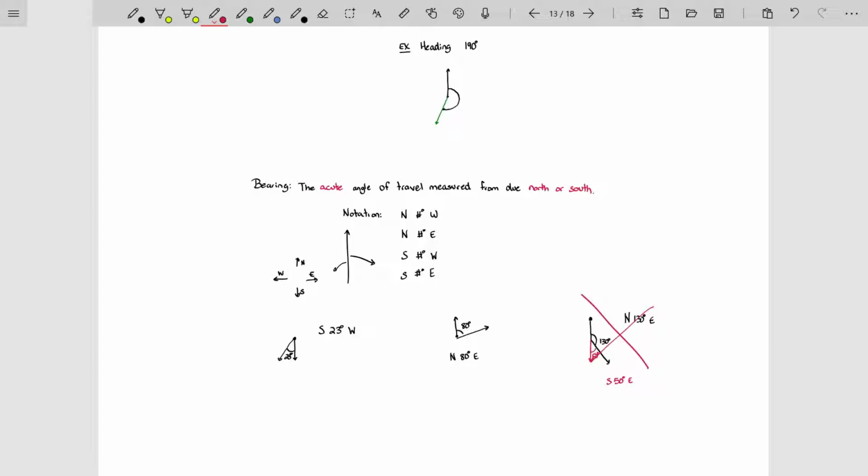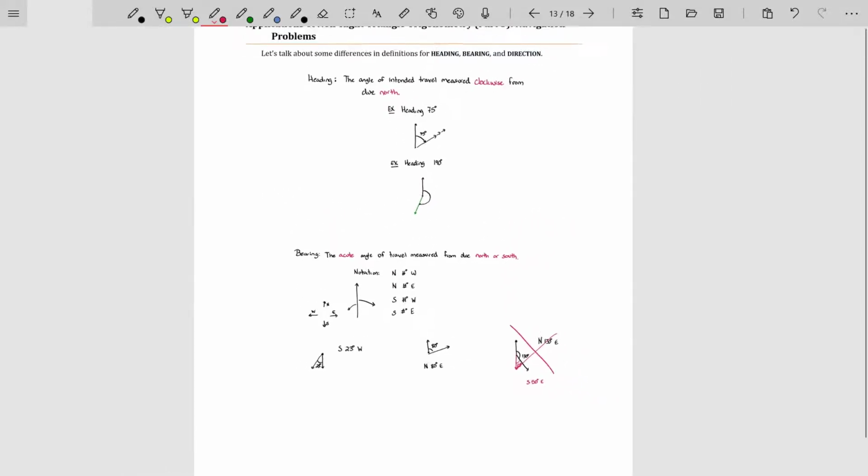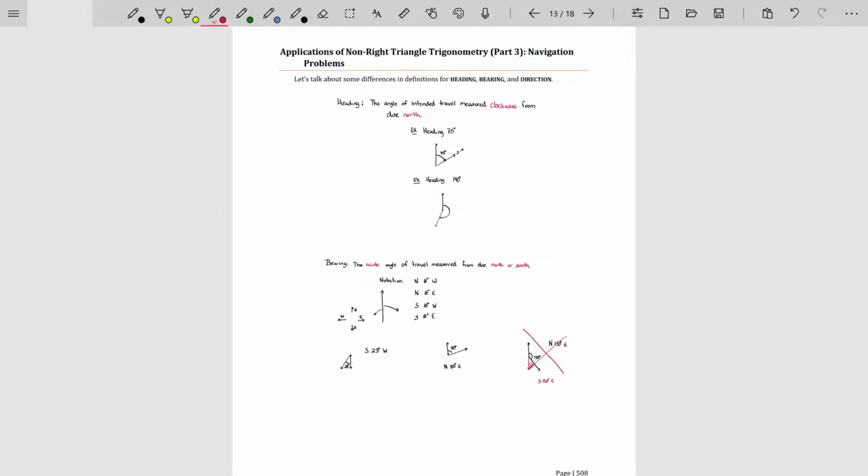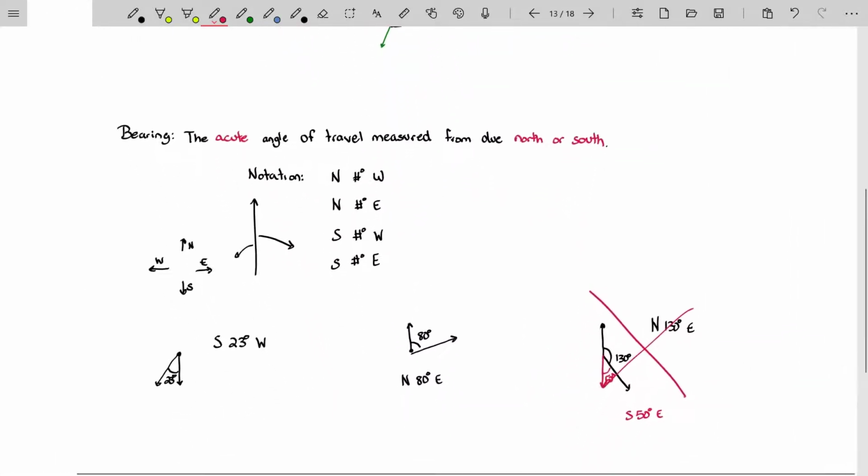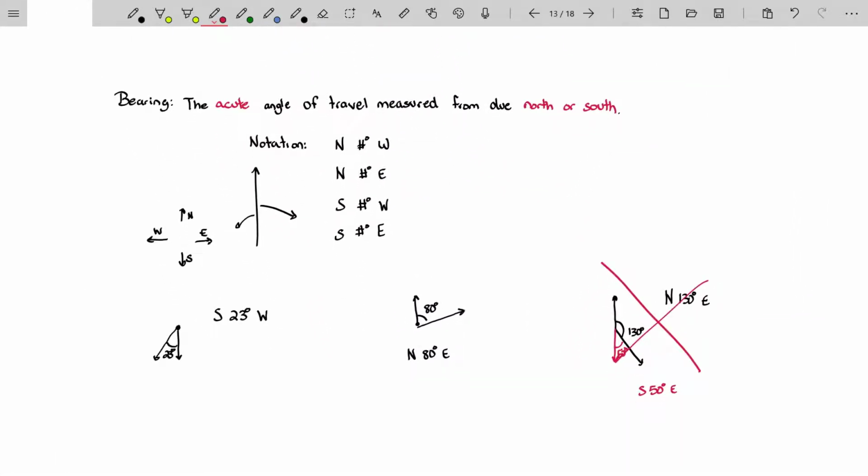Throughout all of trigonometry, you are measuring from the horizontal x-axis until you get to these types of application problems involving navigation, where you're measuring from a vertical line. Just be aware of that as we move forward. You are not going to measure from vertical lines for anything other than these.